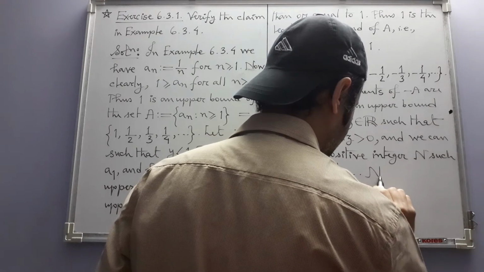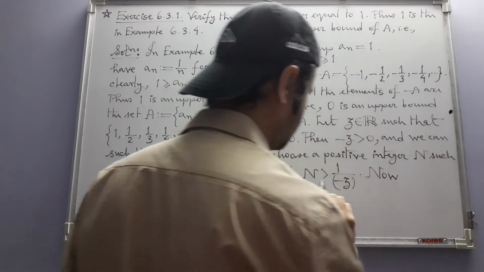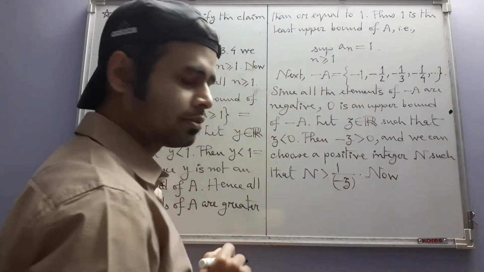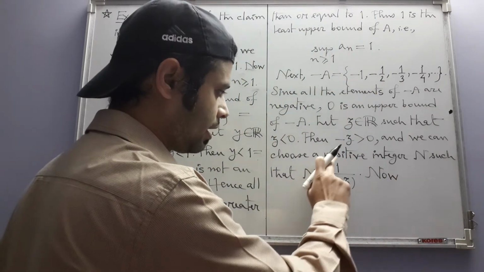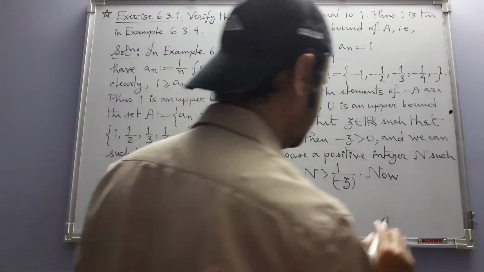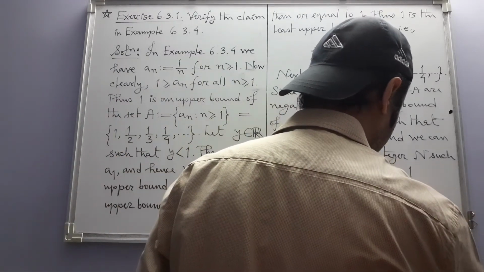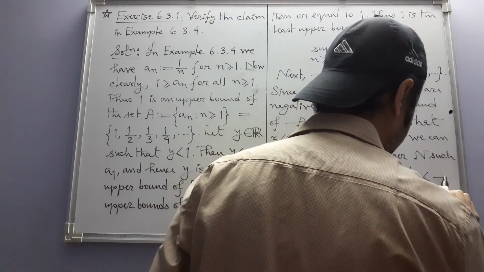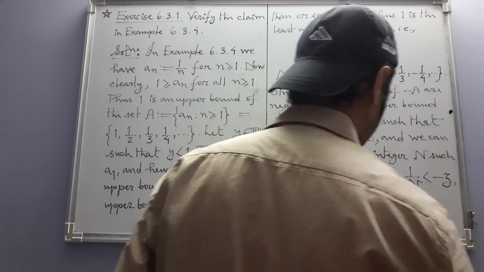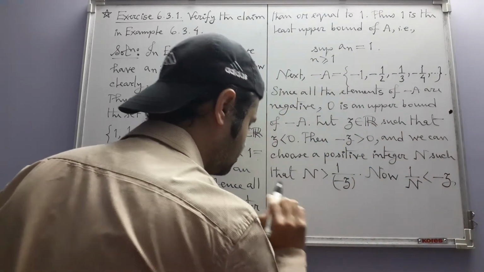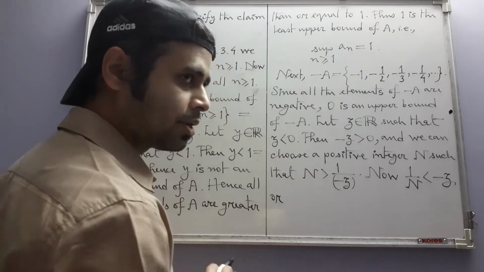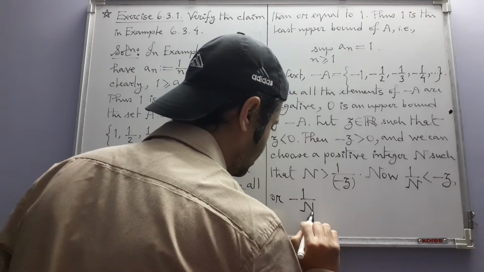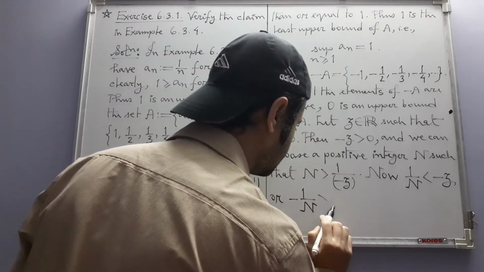Now what does this mean? It means we can first of all take reciprocal, because n and 1 over minus z are both positive. If we do that, the inequality will get reversed. Now if we multiply by minus 1, we get minus 1 over n, and again the inequality will get reversed.